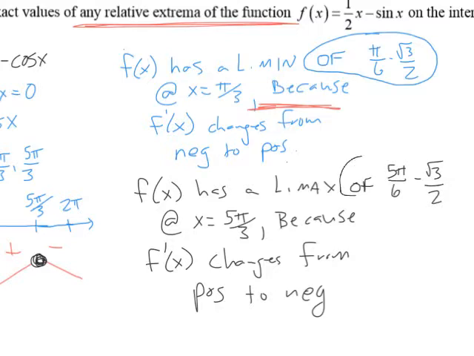So now that we know both what it is and where it is, we could actually draw a more accurate plot of what this curve looks like, because we have the x-coordinate and y-coordinate of the max, as well as the x-coordinate and y-coordinate of the local min.